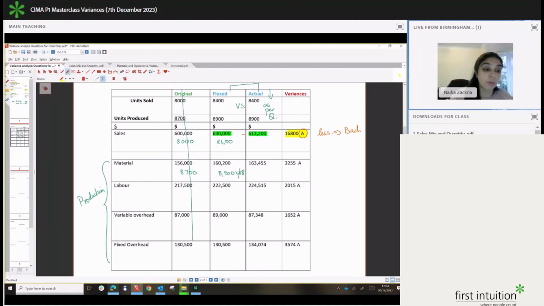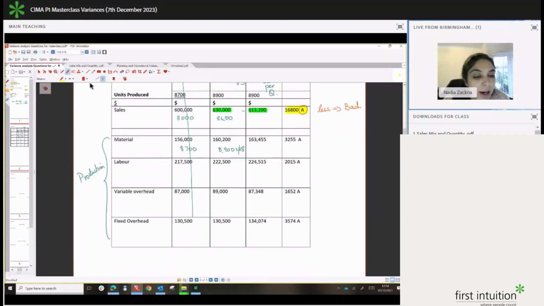So we've sold more, which then means in order to sell more, what have we done? Yeah, we've offered a discount, which hasn't worked for the company because the total variance has turned out to be an adverse variance. So for each total variance here, we want to dig deep and see what went wrong.